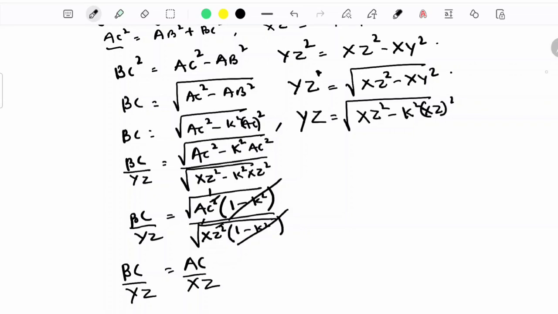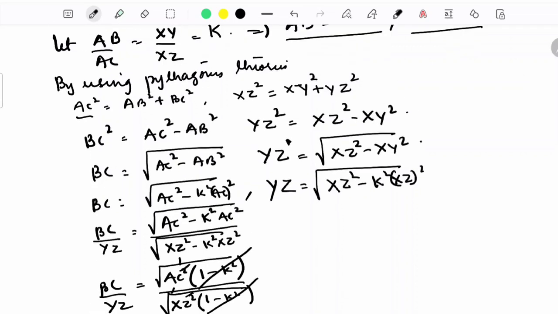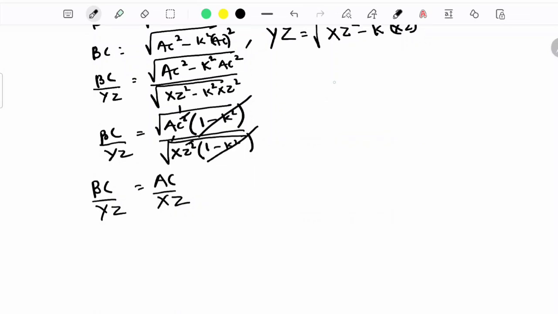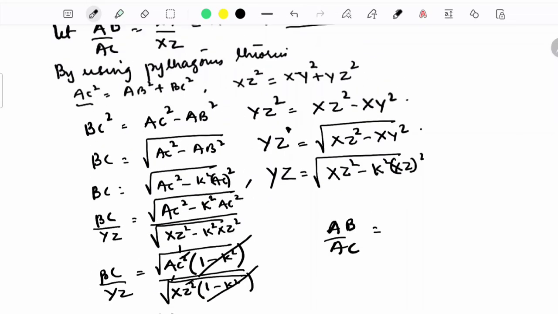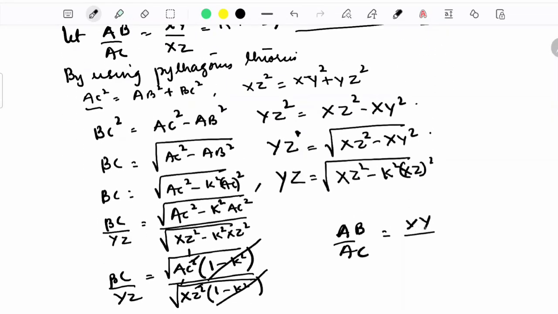So now we already have that AB by AC, we got it this way. AB by AC is equal to XY by XZ.